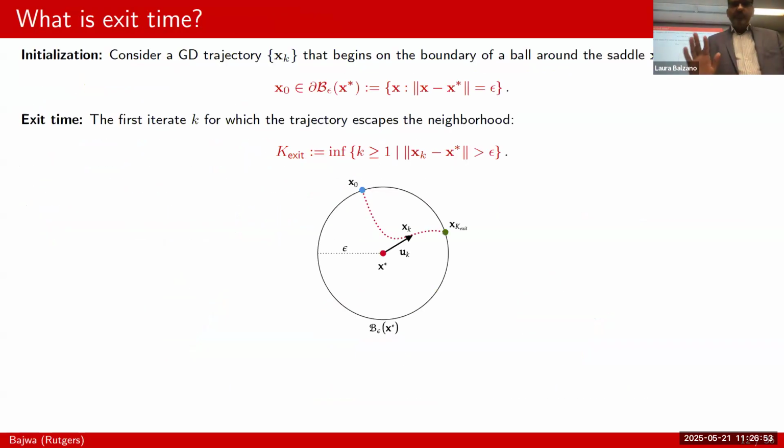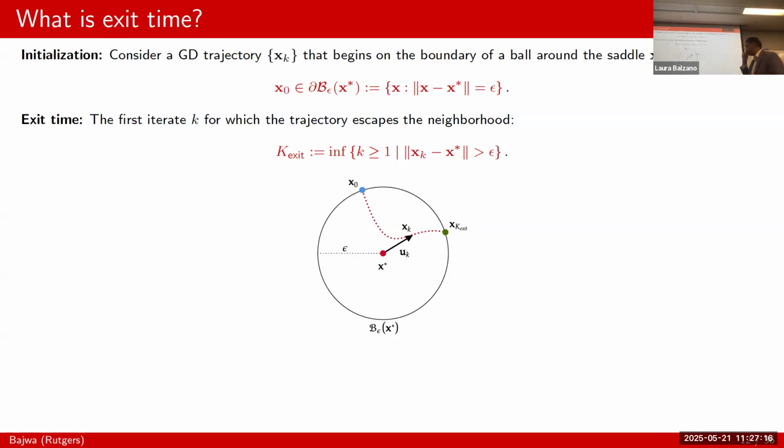Okay, so what's the question we are asking? Let's assume that you are analyzing a saddle point x star, and you are dealing with gradient descent, and somehow you arrived at the boundary of that neighborhood. How you arrived at the boundary, we don't care, because the past is immaterial for us.